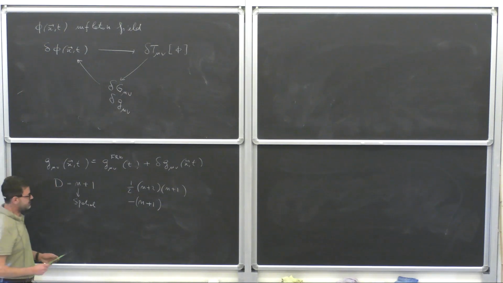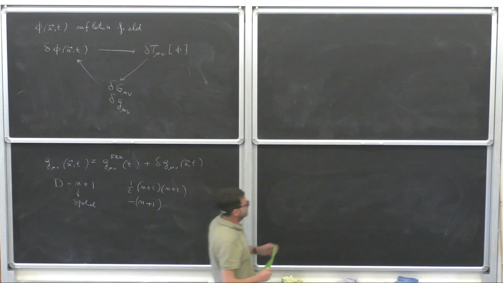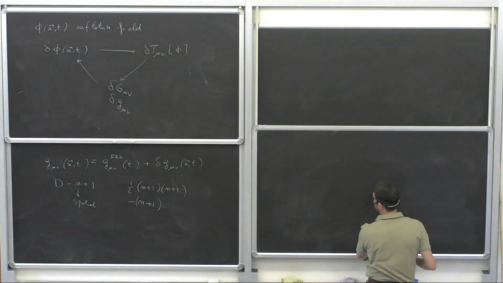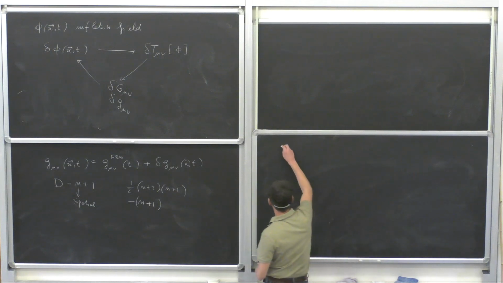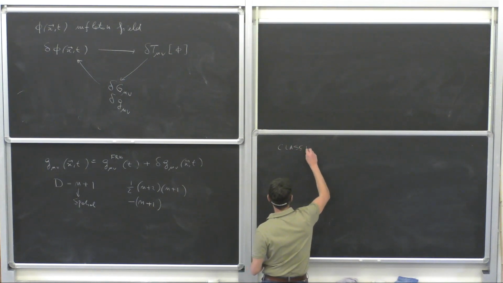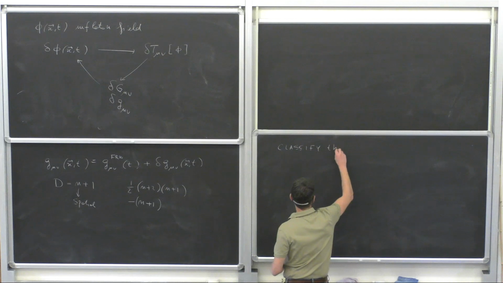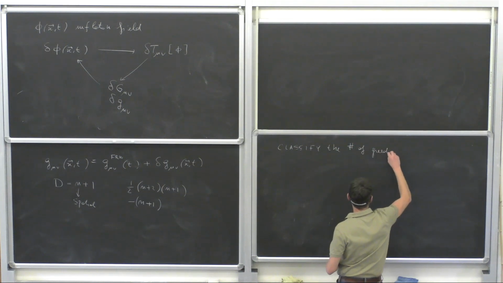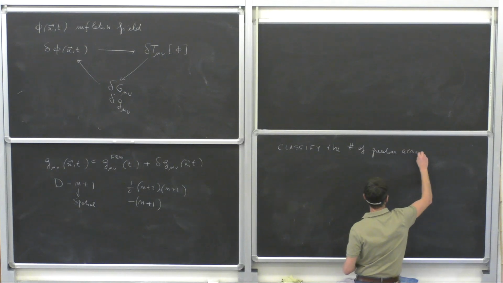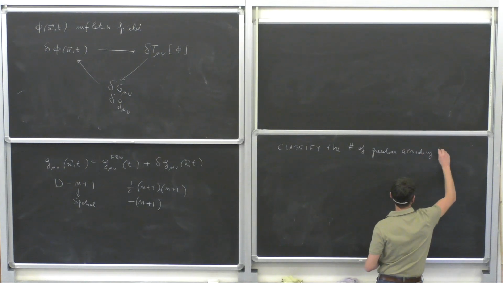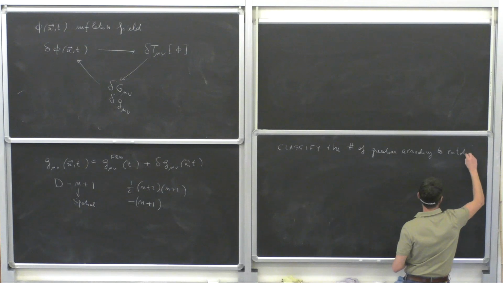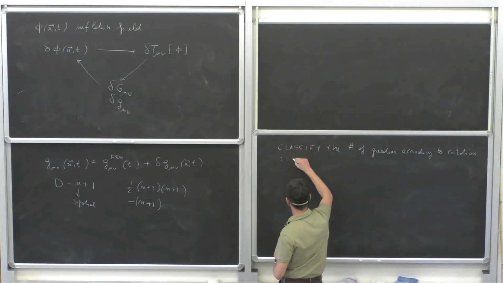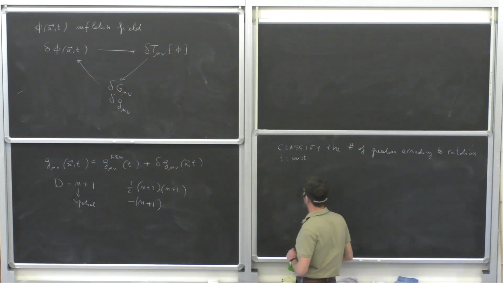And now I classify these degrees of freedom according to the way they transform under rotations, taking, of course, a slice t equal constant. Okay? So what will I have?